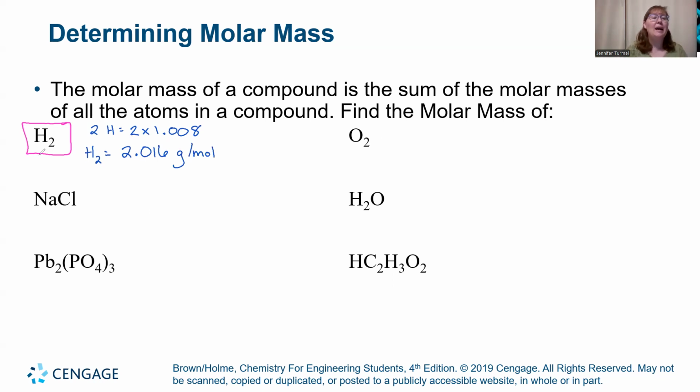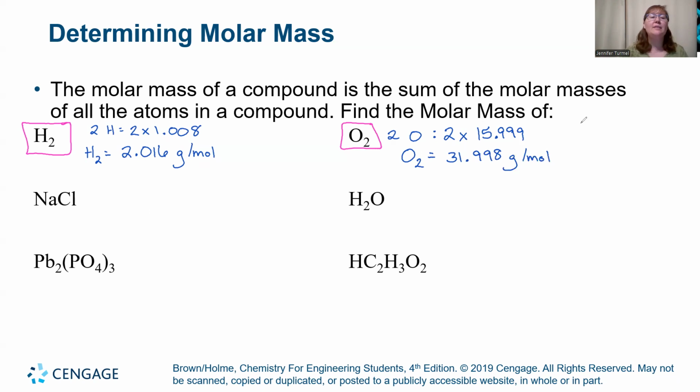Now, diatomic oxygen here has 2 oxygens, and you'll find from the periodic table that that means you have 2 times the molar mass of oxygen, which you found on the periodic table as 15.999, which means that O2 will have a molar mass of 31.998 grams per mole.